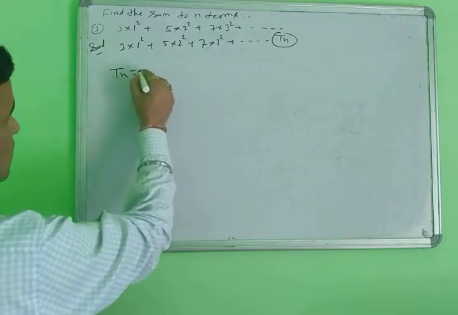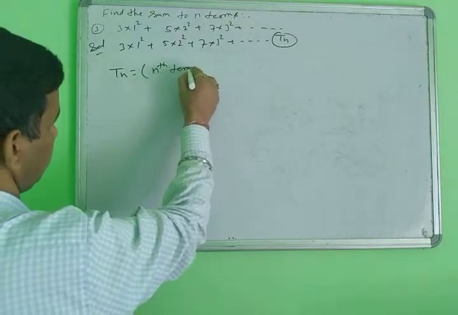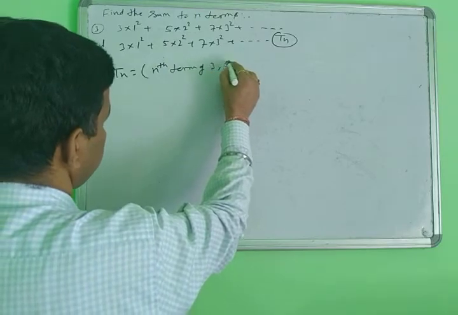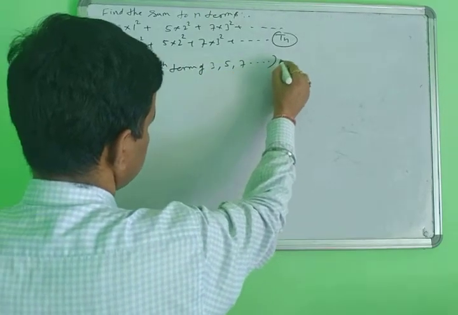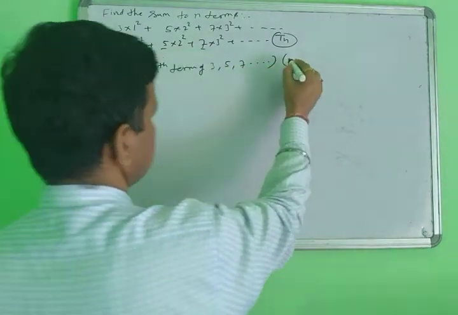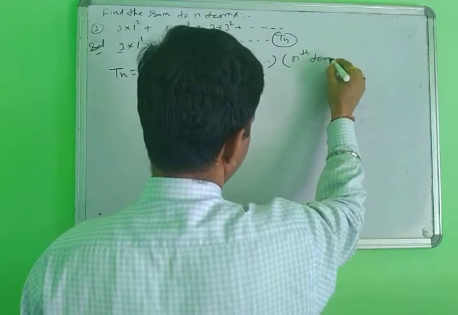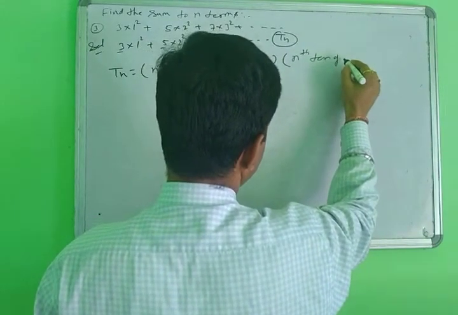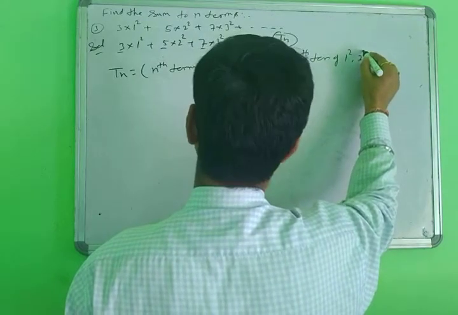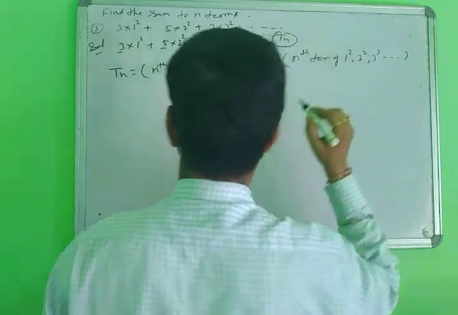So Tn equal to the nth term of 3, 5, 7, and so on. Second, the nth term of 1 square, 2 square, 3 square, and so on.